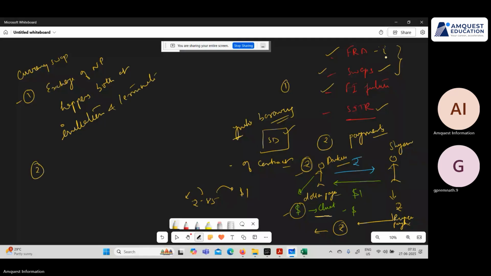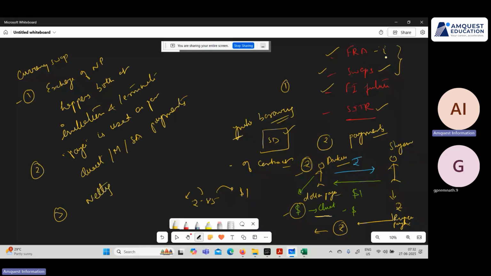Second, the word pair is used as per the quarterly or monthly or semi-annual payments. And third, netting is not possible.